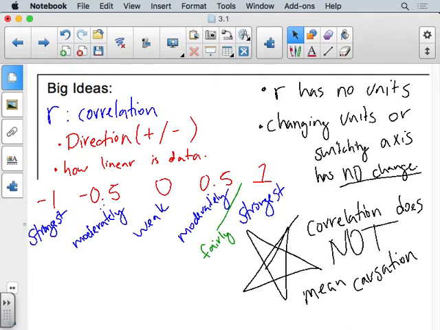So if you are in full control of your variables, then you can say this caused this. But if you're not in control of it, if you're just observing data, you cannot say that having this causes this to happen. You can only say there's a strong association. So association versus causation, they're not the same.